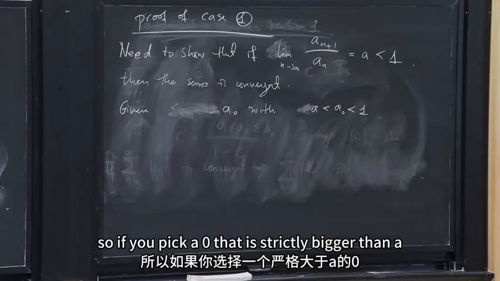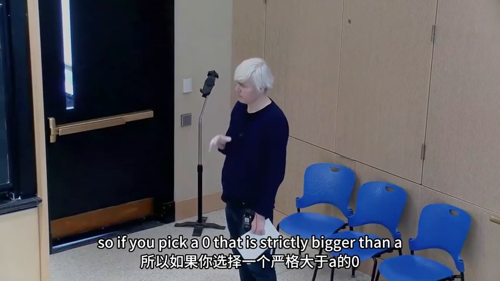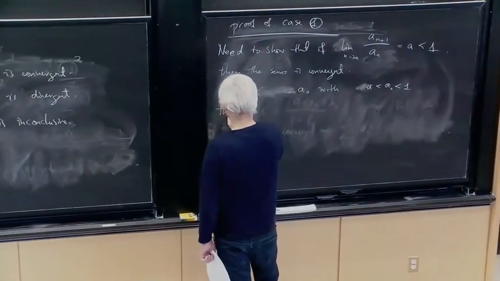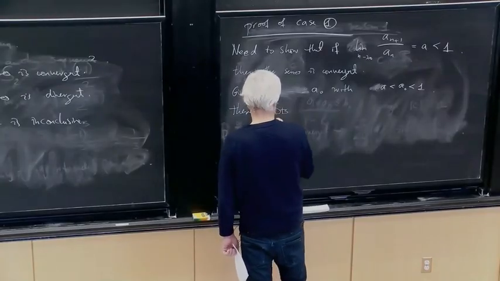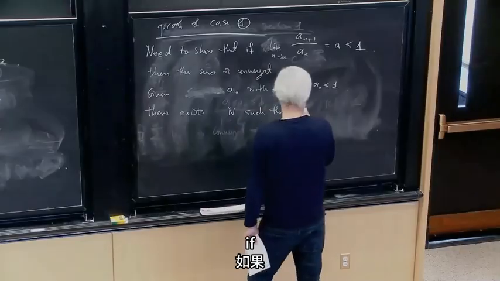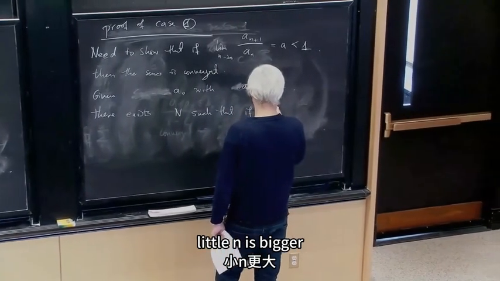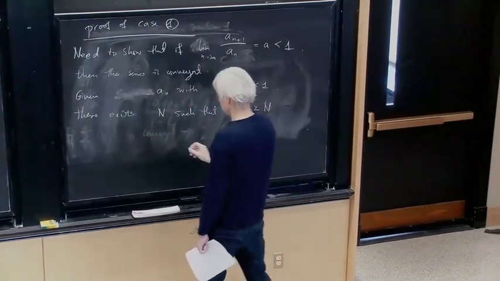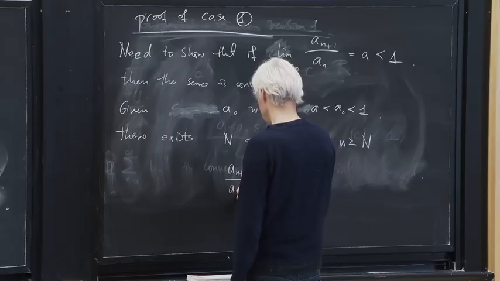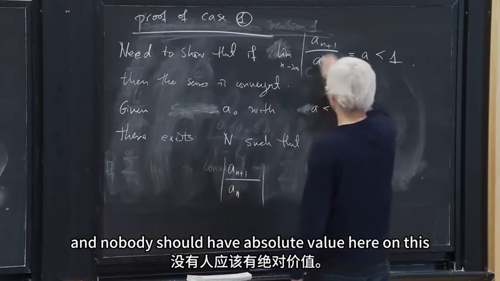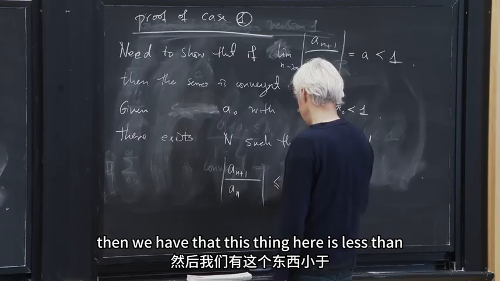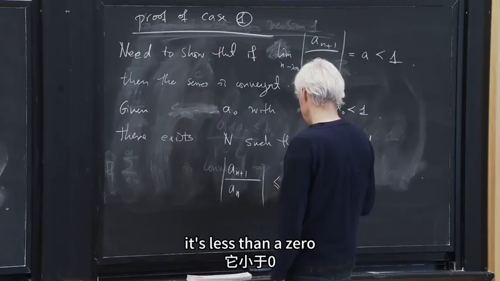Right, so if you pick A0 strictly bigger than A and still less than 1, then we know that there exists a capital N such that if little n is bigger than this capital N, then a_{n+1} over a_n, and really I should have absolute value here, is less than A0.